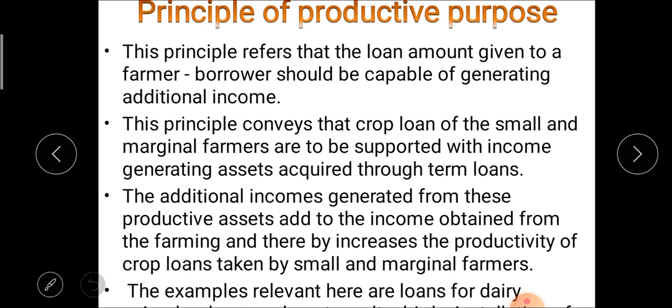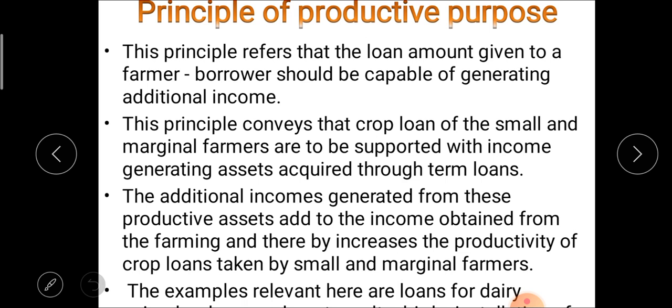In short, this principle of productive purpose shows that whatever credit is borrowed from the bank must be used for productive purpose only. That means avoid the use of credit for consumption purpose, because if credit is used for consumption, the crop loan or any type of loan does not generate a sufficient amount of income, and this causes failure of repayment of that loan.